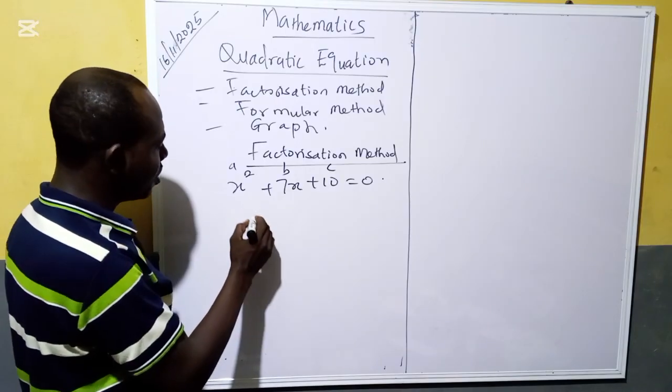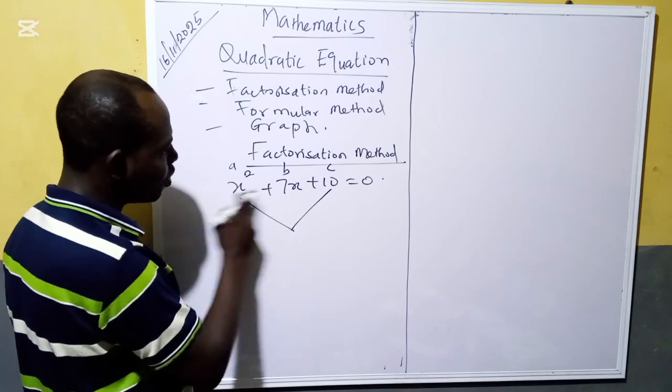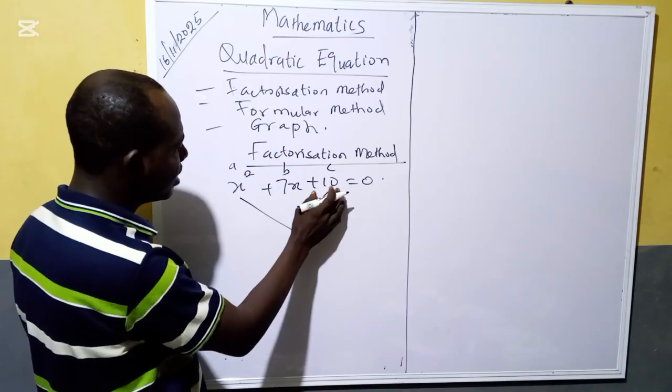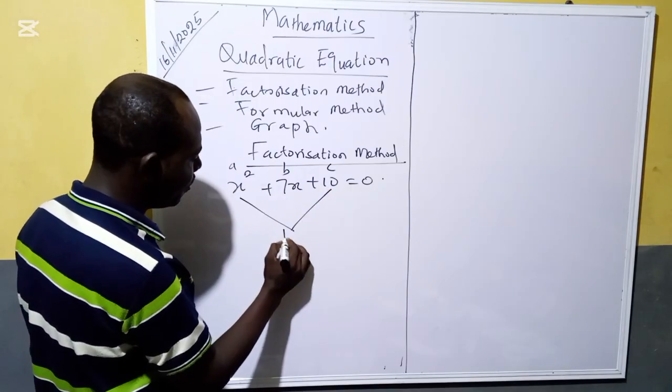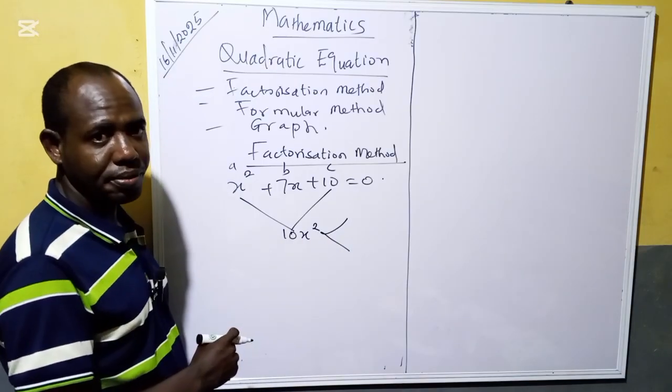Then you are going to multiply A and C, that is x squared and 10. We are going to multiply them together. x squared times 10 will give you 10x squared.